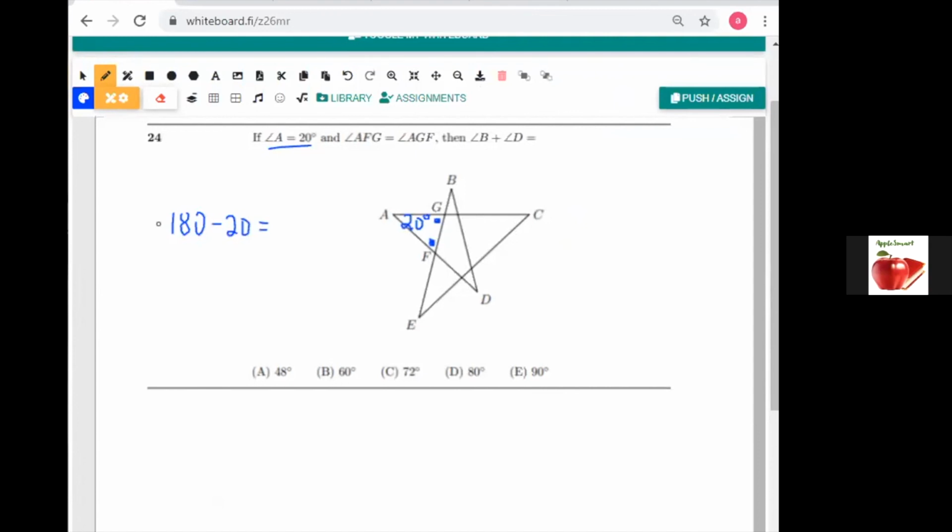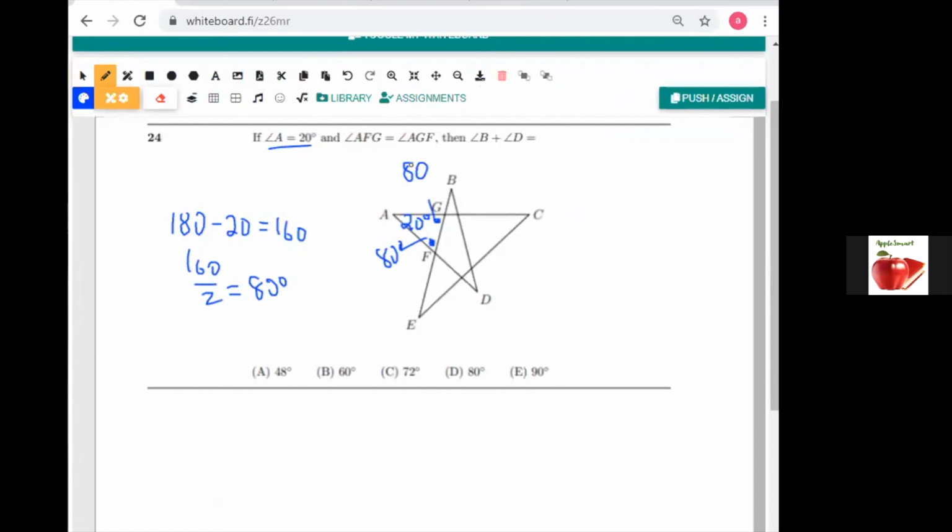Perfect. 180 minus 20 is 160, and 160 divided by 2 is going to give me 80. So we know that this is 80 degrees, and this is 80 degrees. Okay.